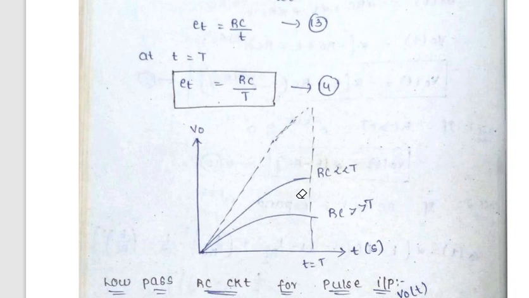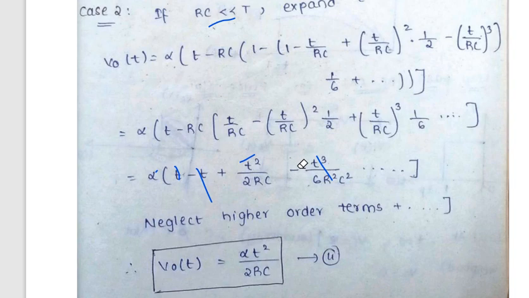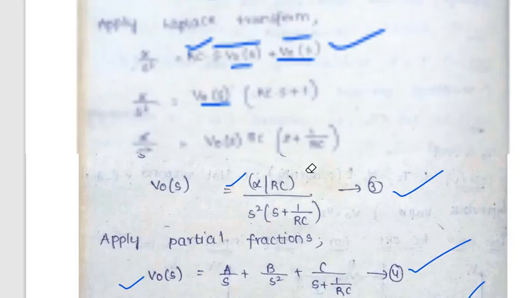That means if you clearly observe this graph, if the value of RC is far less than T, the transmission error is also less. If the value of RC is far greater than T, the transmission error is more. So according to this equation, this graph is represented here. So this is the response of low pass RC circuit for ramp input signal.